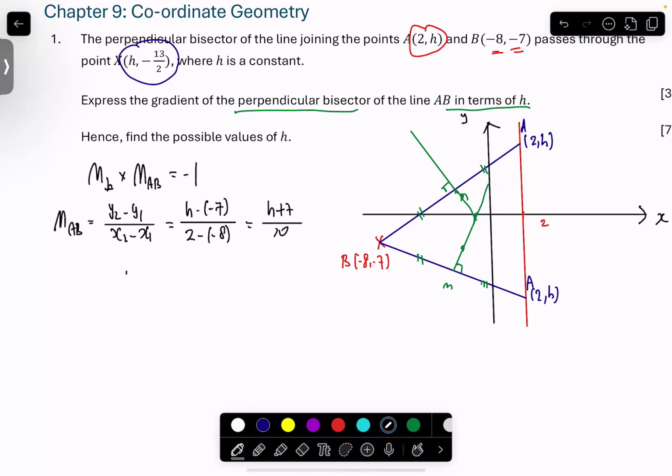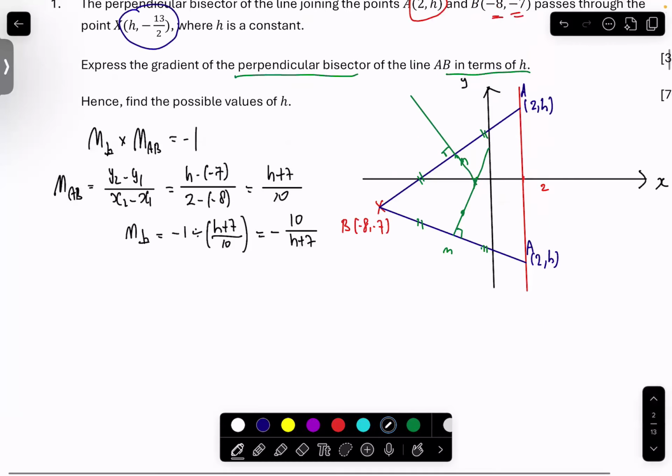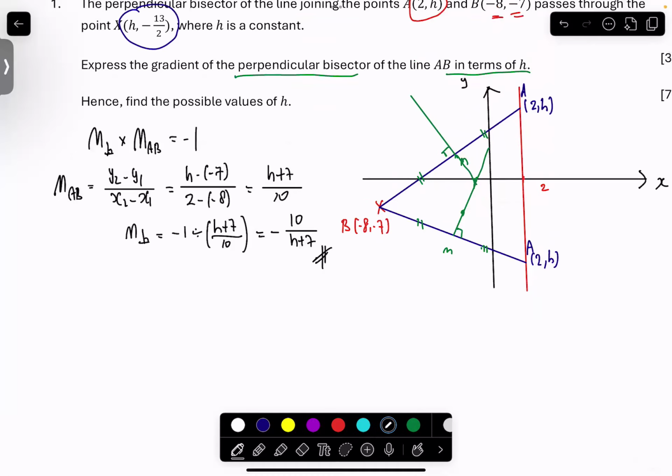Then the gradient of the perpendicular bisector would just be -1 divided by (h + 7)/10, which gives us -10/(h + 7). So it's just a flip of the gradient. This is our answer for part A. Easy 3 marks.